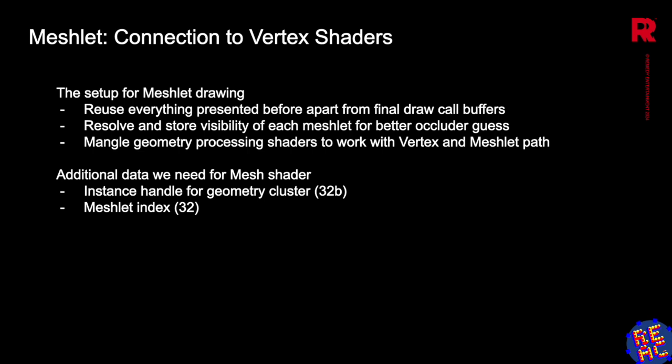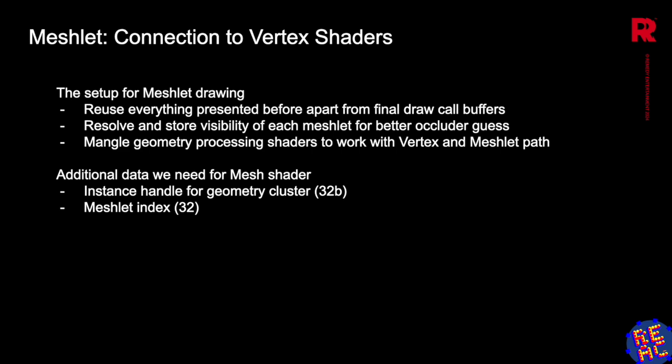Meshlet-based rendering shares most of the framework I discussed earlier, as you would expect. In addition to streaming in vertex and index data for the mesh, we also stream in meshlet header arrays if the target hardware supports mesh shaders. If you don't know what a meshlet is, you can think of it as a small group of triangles.